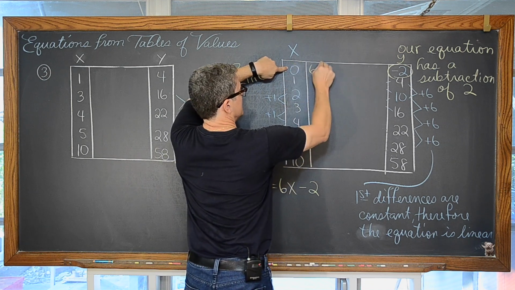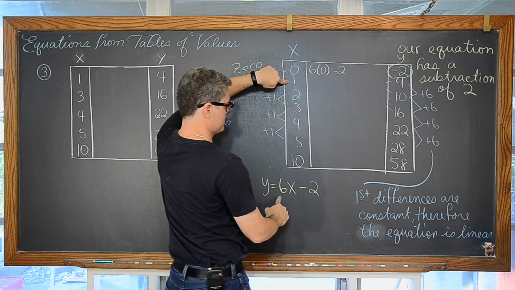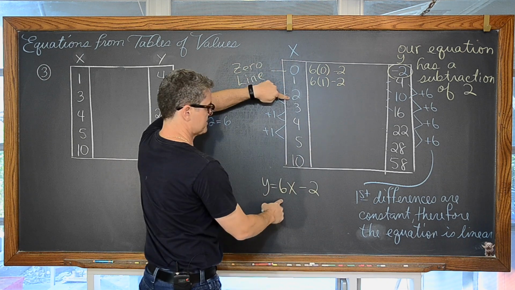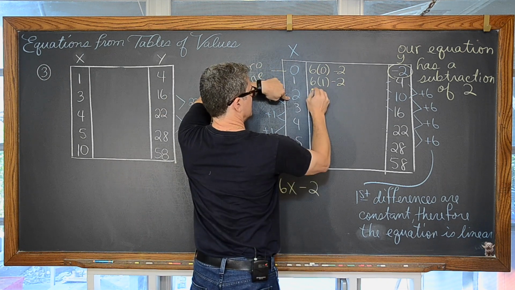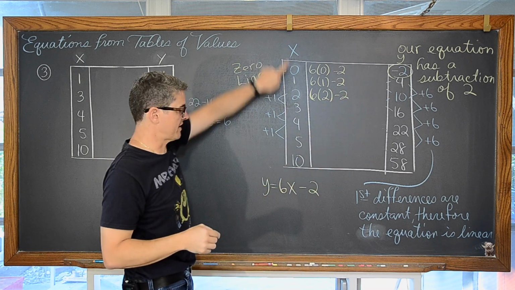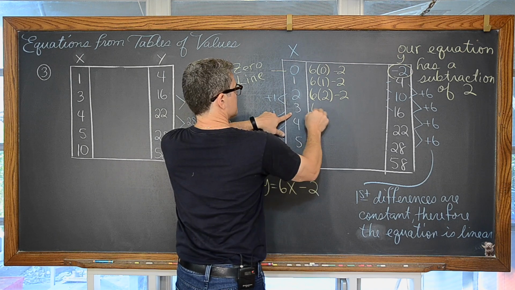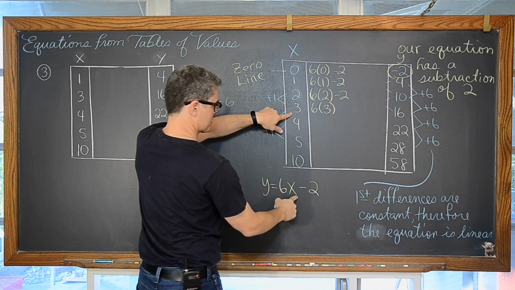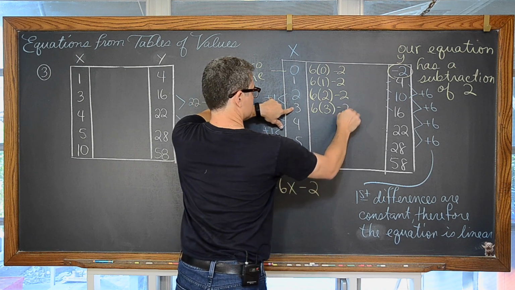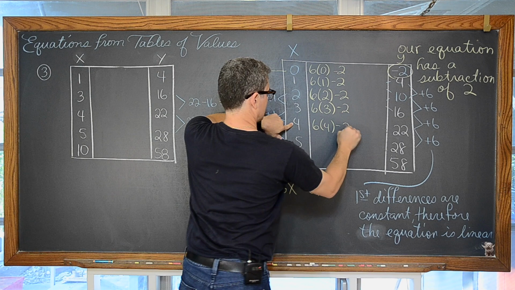We have 6 times 0 minus 2. We have 6 times 1 minus 2. We have 6 times 2 minus 2. I'm taking each of these values of x and plugging it into what we think might be the equation. We have 6 times 3, there's the x right there, minus 2, and so on, and so on.